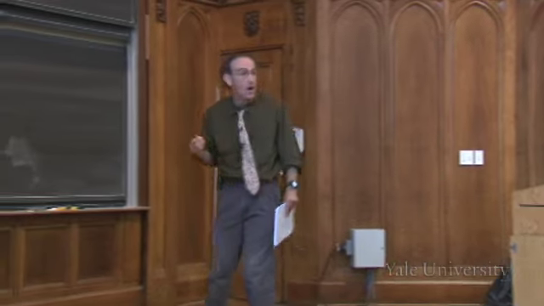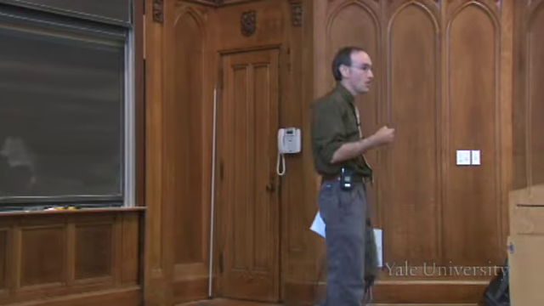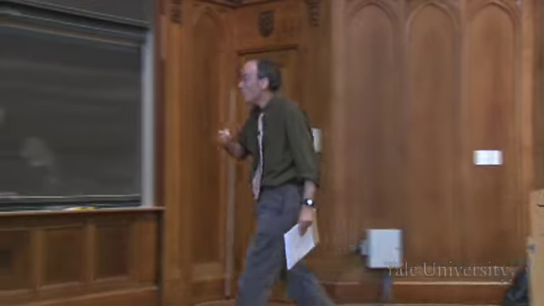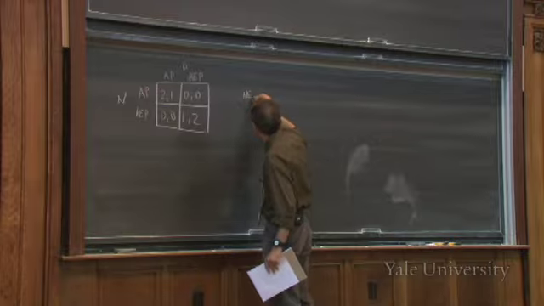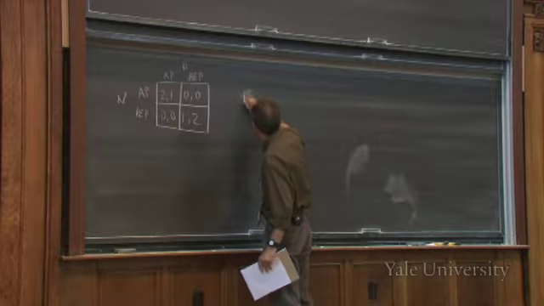So let's analyze this game again. We figured out this was a coordination game several weeks ago, and we know what the pure strategy Nash equilibria are. So no prizes for being able to spot them.